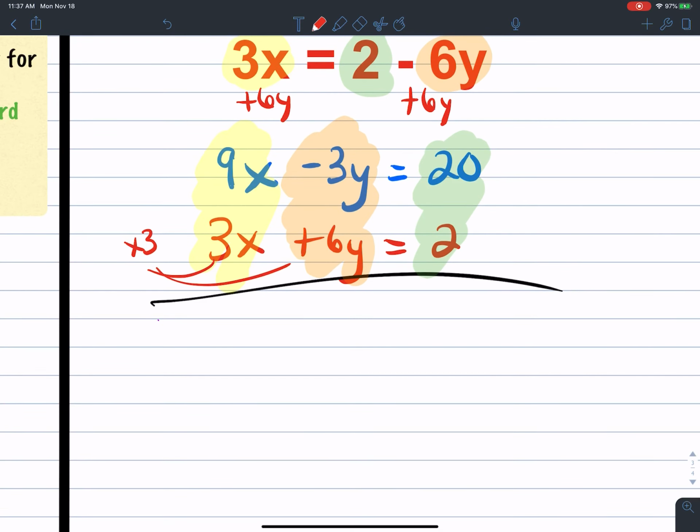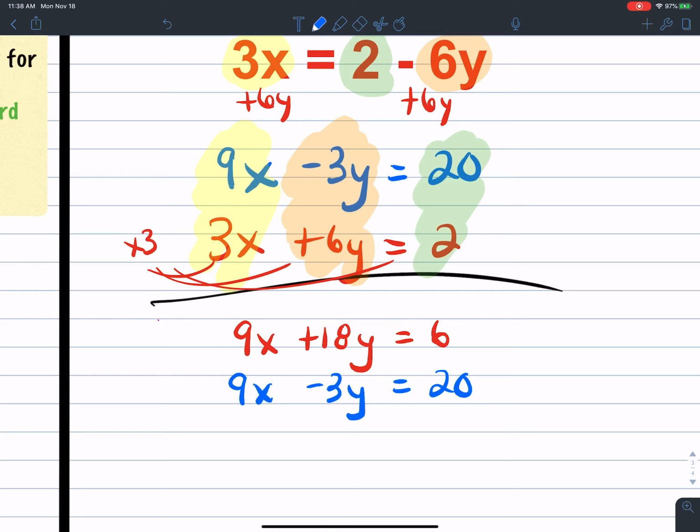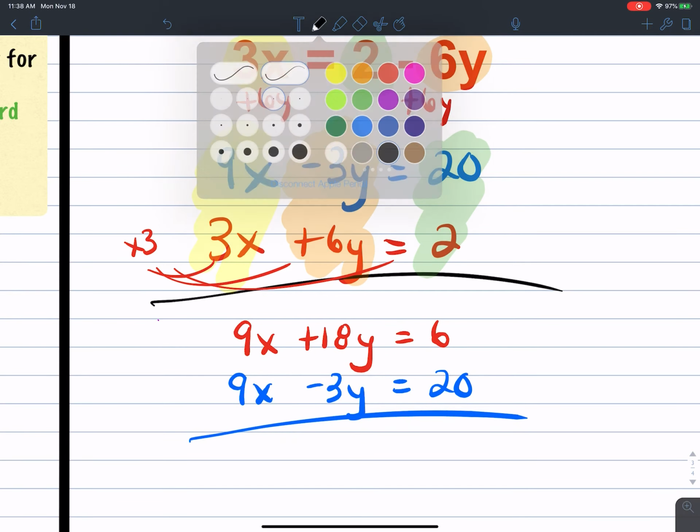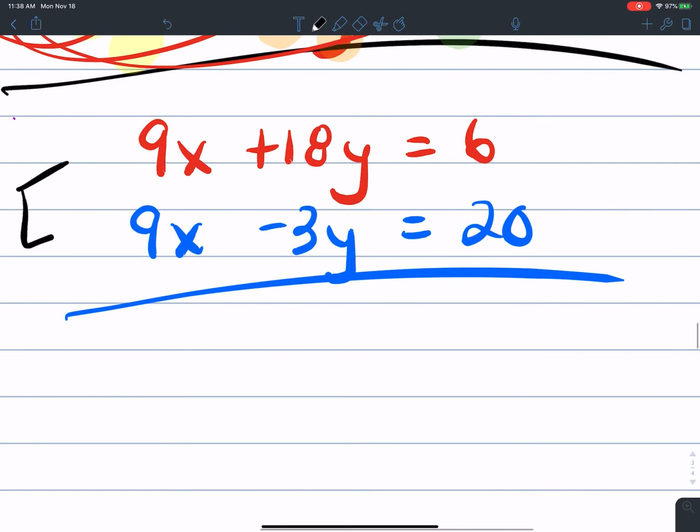So if I multiply the second one by 3, that creates this new equation, 9x plus 18y is equal to 6. And then I'm just going to recopy the original first one, 9x minus 3y is equal to 20. So now, once I notice that the x's have the same coefficient, I'd ask myself, what would I do with 9 and 9 to create 0? I'd subtract them. So I'm going to subtract everything.